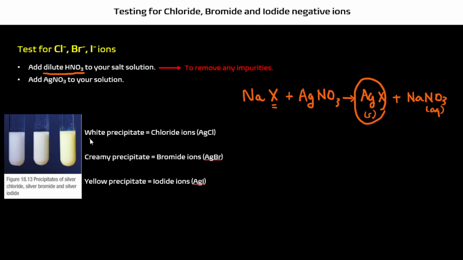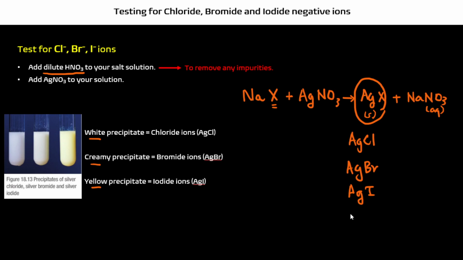If we have a white precipitate, we know that we have silver chloride. If we have a creamy precipitate, we know that we have silver bromide. If we have a yellow precipitate, we know that we have silver iodide.